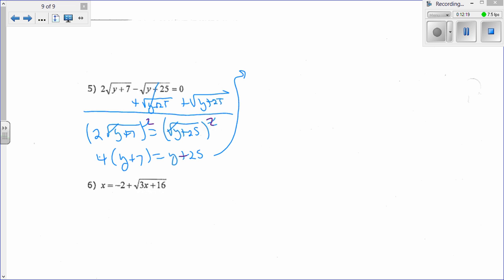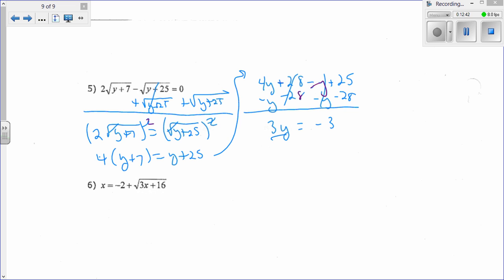So if I were to distribute my 4, I'd get 4y plus 28 equals y plus 25. I'm going to subtract y from both sides, and subtract 28 from both sides. So then I'm left with 3y equals -3 divided by 3. Y equals -1.